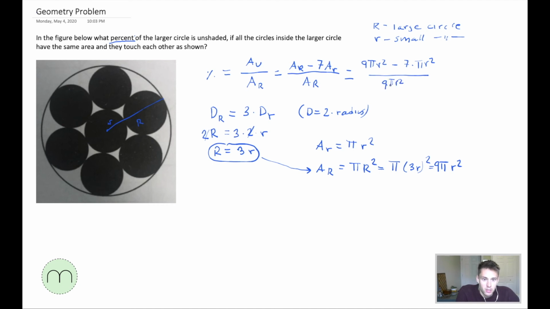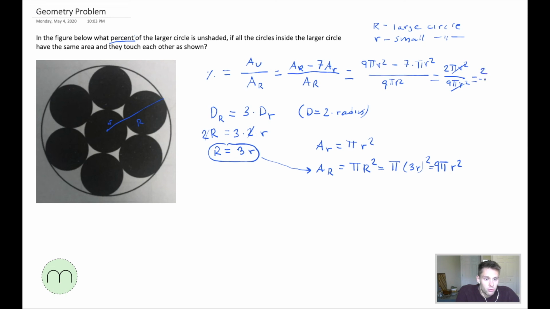And now, what do we get? We get on the top 2 times pi r squared divided by 9 pi r squared. At this point, we see that pi r squared is on the top and the bottom of our fraction, so we can divide it out.